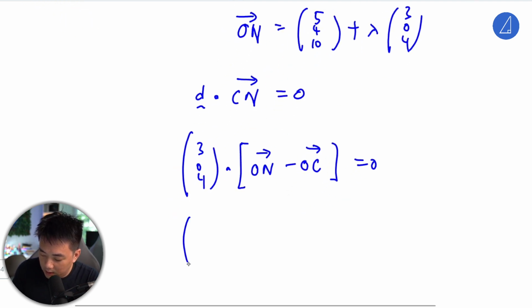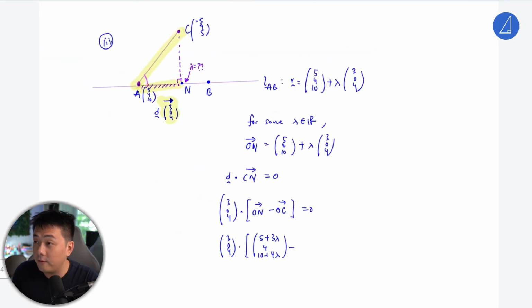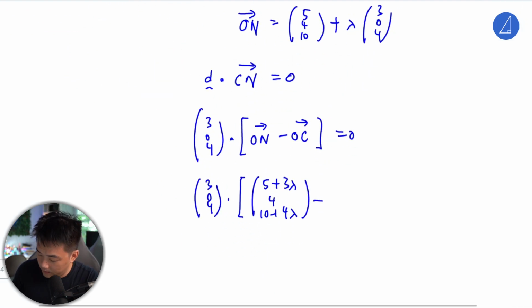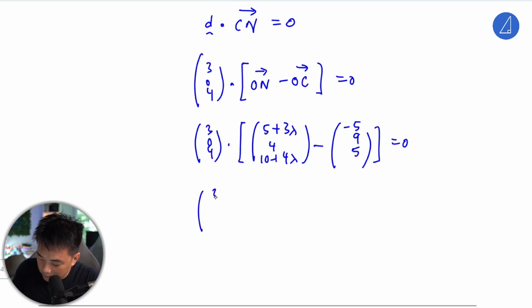ON is this entire thing: (3, 0, 4), this is 5 plus 3 lambda, 4, 10 plus 4 lambda, minus OC, which will be negative (5, 9, 5). So we get (3, 0, 4) dot with (3 lambda minus 5, ..., 5 plus 4 lambda).